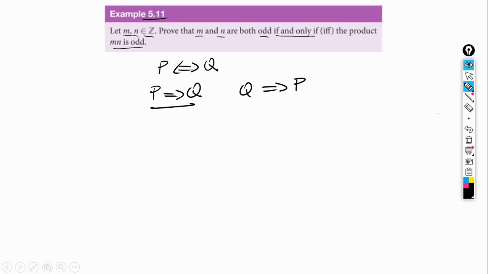Now this first part we already proved in example 5.10, where we showed that the product of two odd integers is an odd integer. But now we have to prove that if m times n is odd, then m and n are odd.